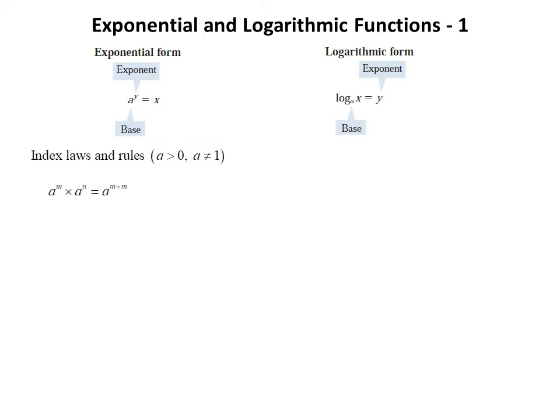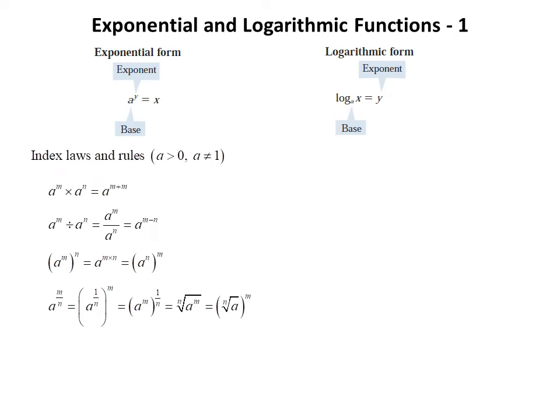When terms with the same base are multiplied, the indices are added. When terms with the same base are divided, the indices are subtracted. To raise an index expression to a power, multiply the indices.